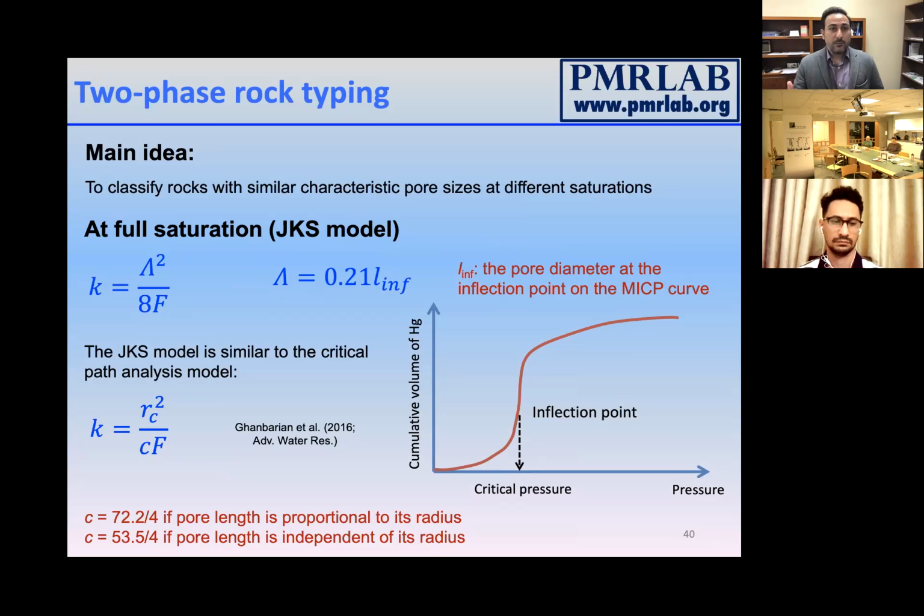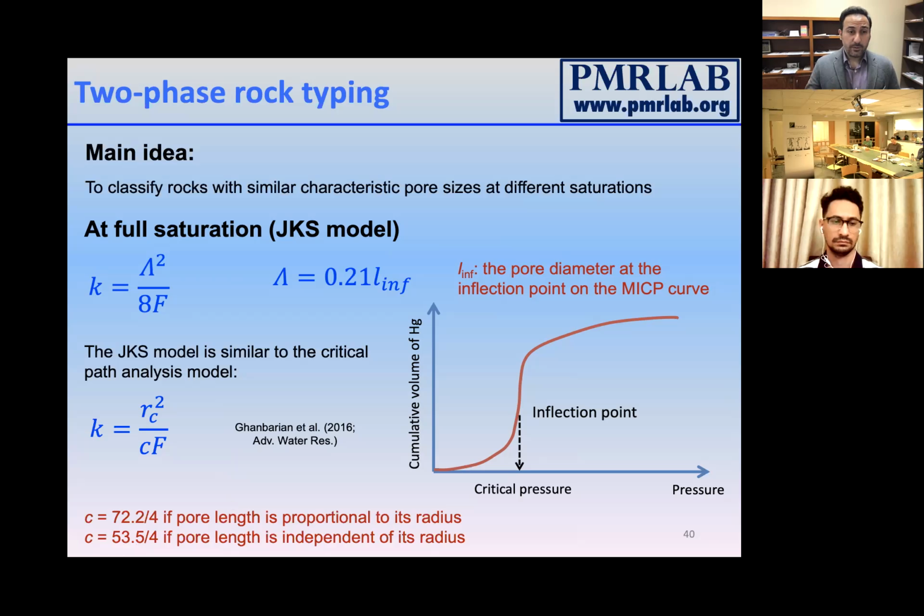Based on the CPA, or critical path analysis technique, permeability is related to critical pore radius to the second power. There's a constant coefficient C and also formation factor. So when you compare these two models, they are very similar in terms of mathematical form. That constant actually is going to be 72.2 divided by 4 if pore length is proportional to its radius.